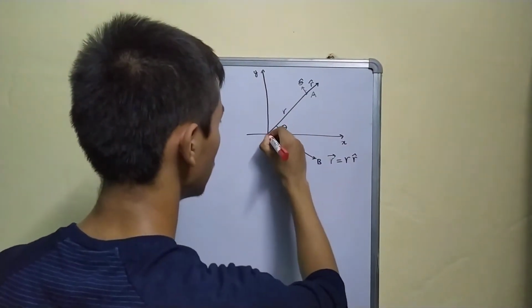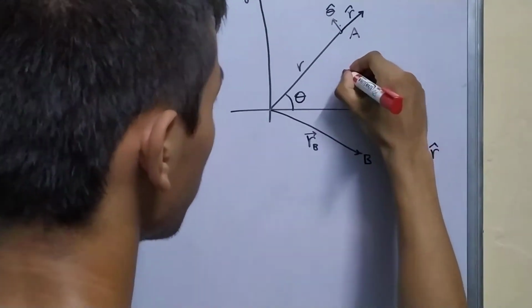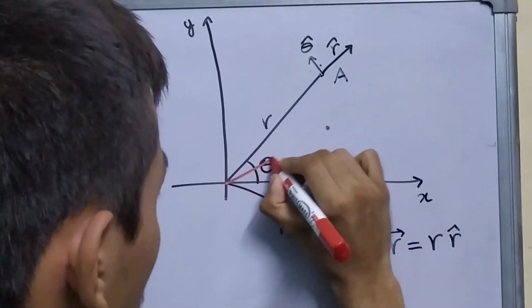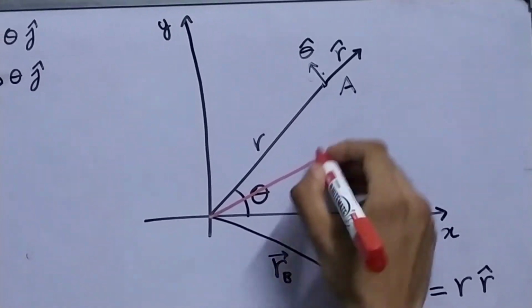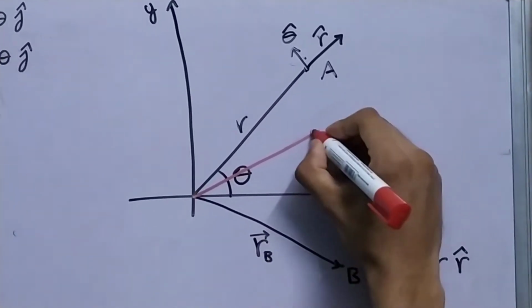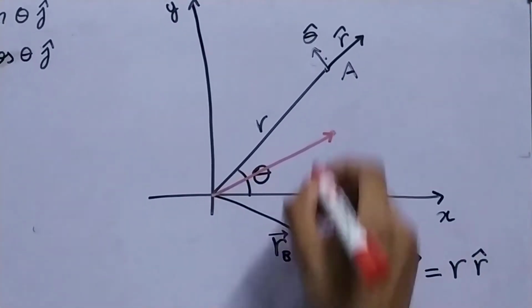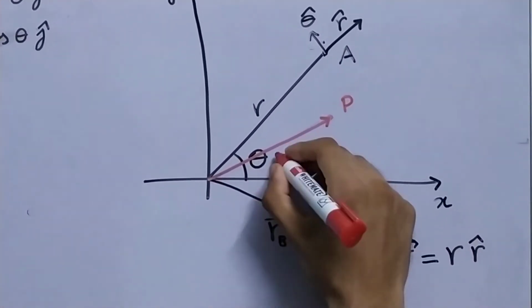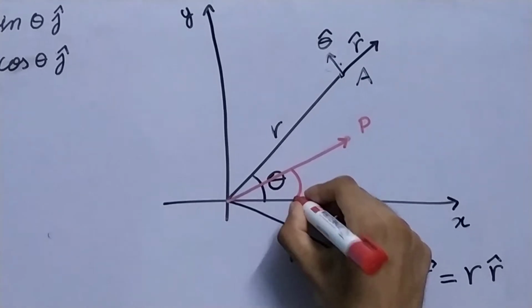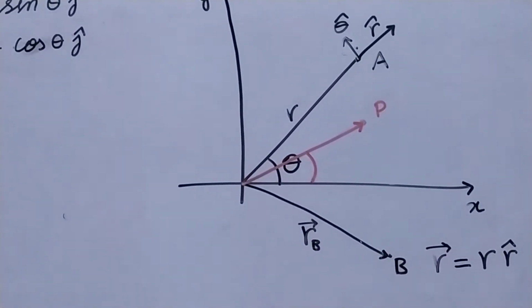For example, let me take this particle, let me call it P, and this is its position vector, and this is the angle it makes with the x-axis.